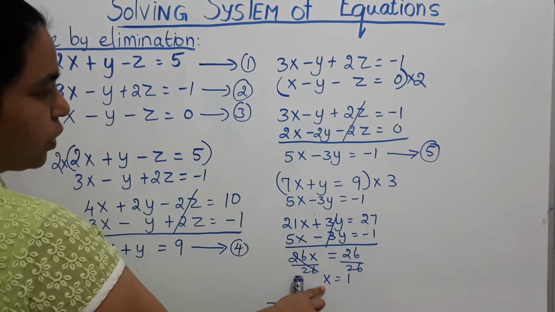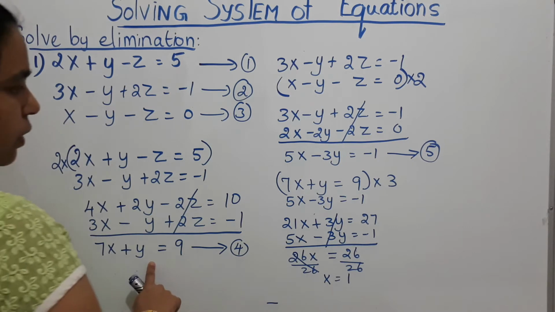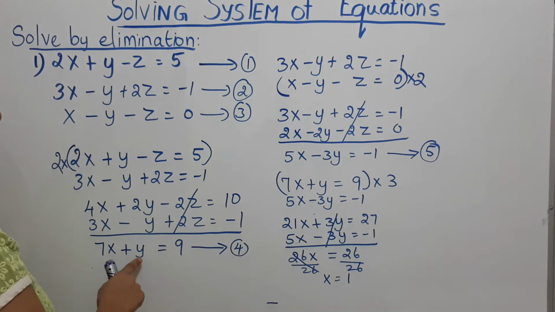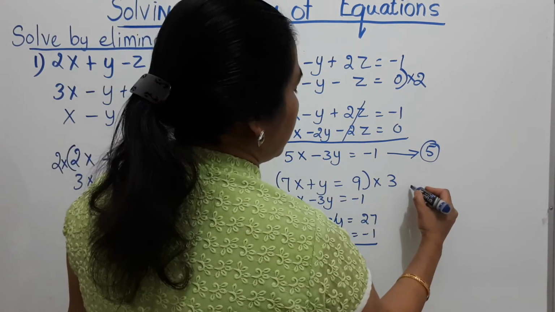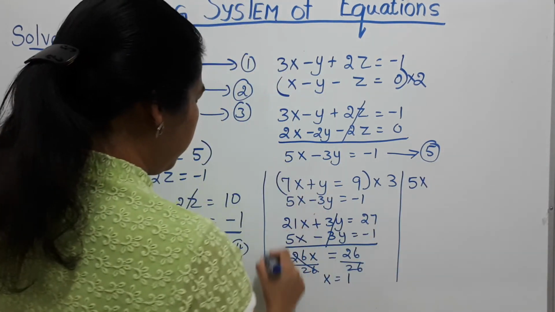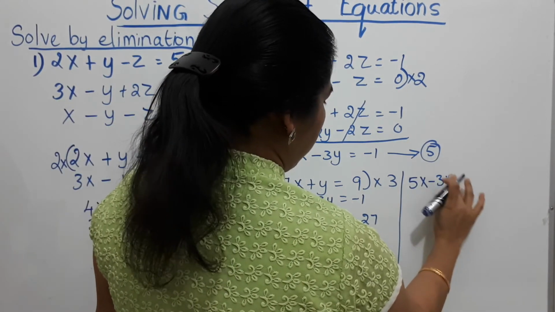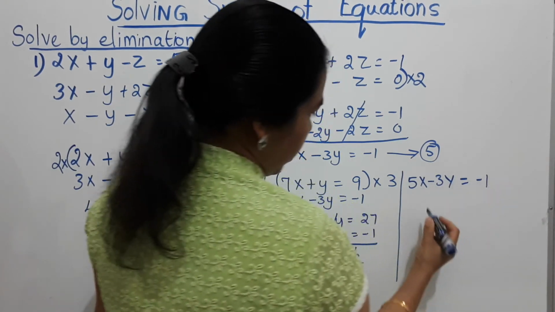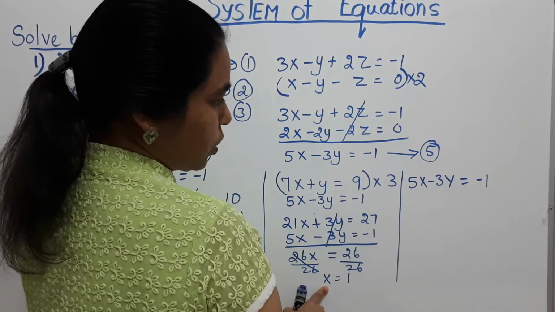Now you know the value of x. You can substitute the value of x in either the fourth or fifth equation to get the value of y. I choose the fifth equation: 5x minus 3y equals negative 1, and x is equal to 1.